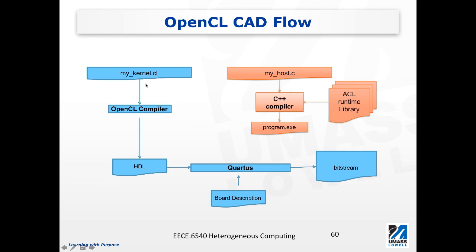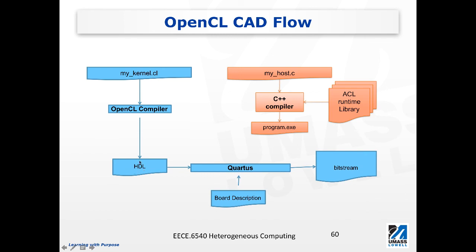On the kernel side, this .cl is a kernel program. You can use Altera's OpenCL compiler, which is called AOC, to compile the kernel.cl file into HDL program. You can actually see the HDL programs generated by AOC compiler.